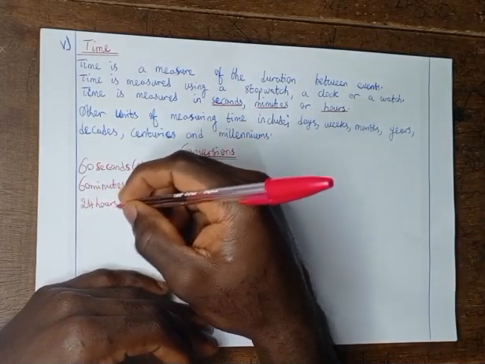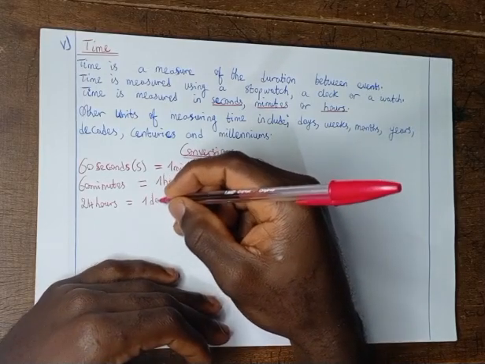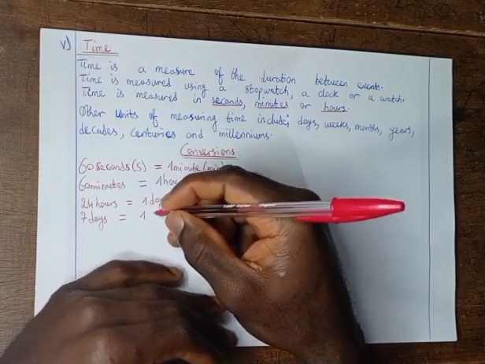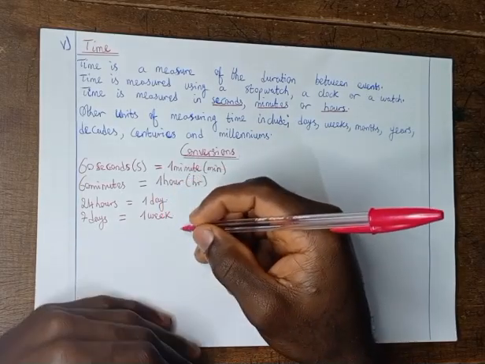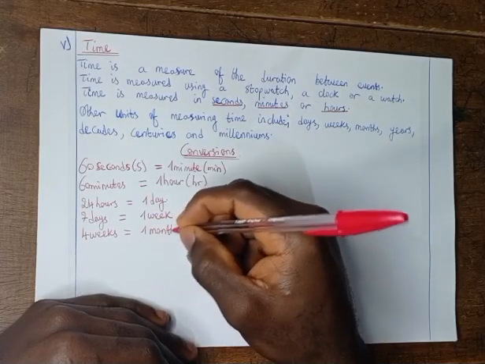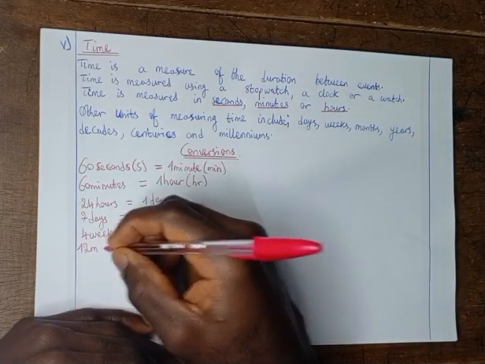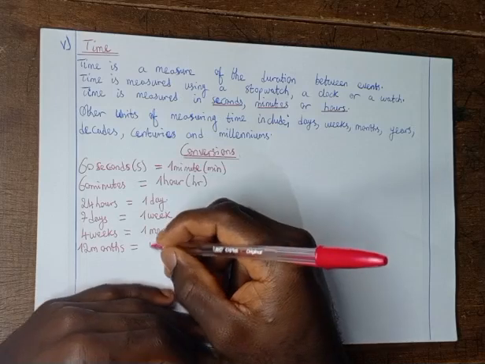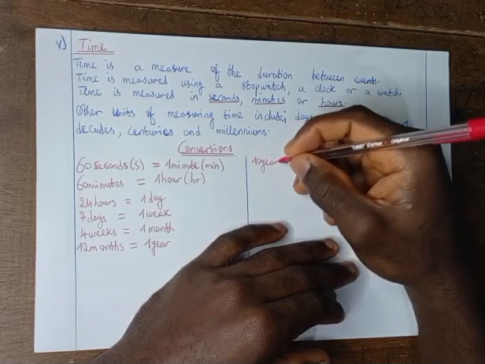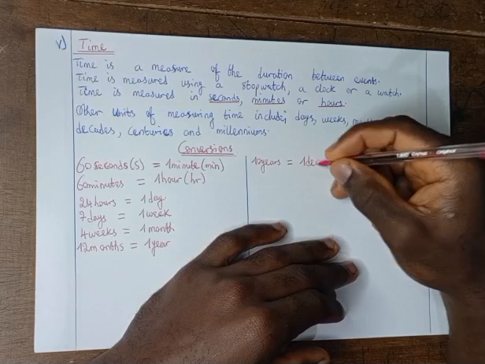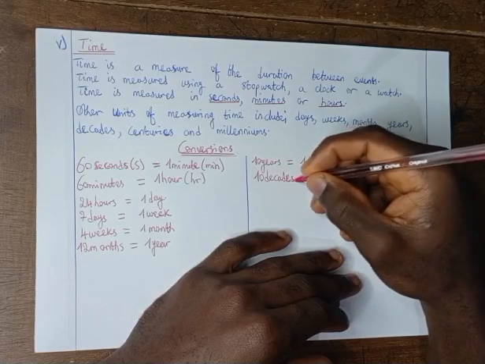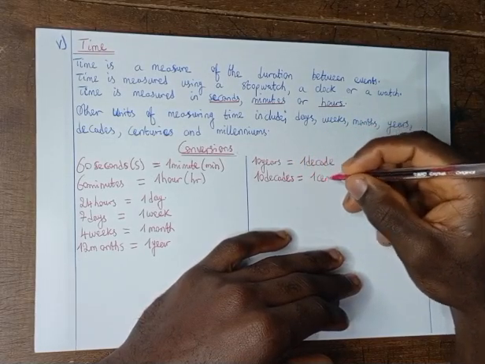24 hours is equal to 1 day. 7 days is equal to 1 week. 4 weeks is equal to 1 month. 12 months is equal to 1 year. 10 years is equal to 1 decade. 10 decades is equal to 1 century.